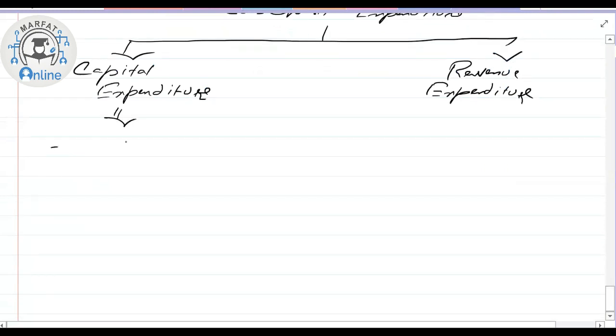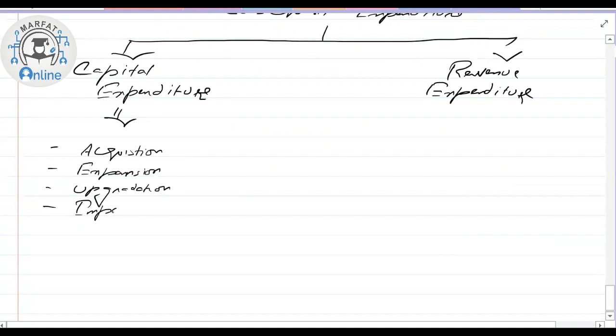Capital expenditure is, for example, any expenditure related to acquisition, like you are buying something, expansion, you're expanding something, upgradation, you are upgrading something, improvements, extensions, etc.